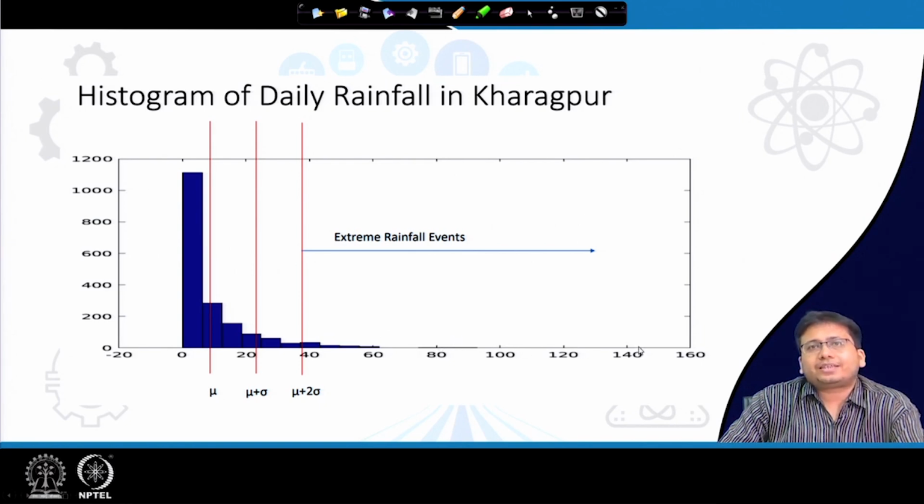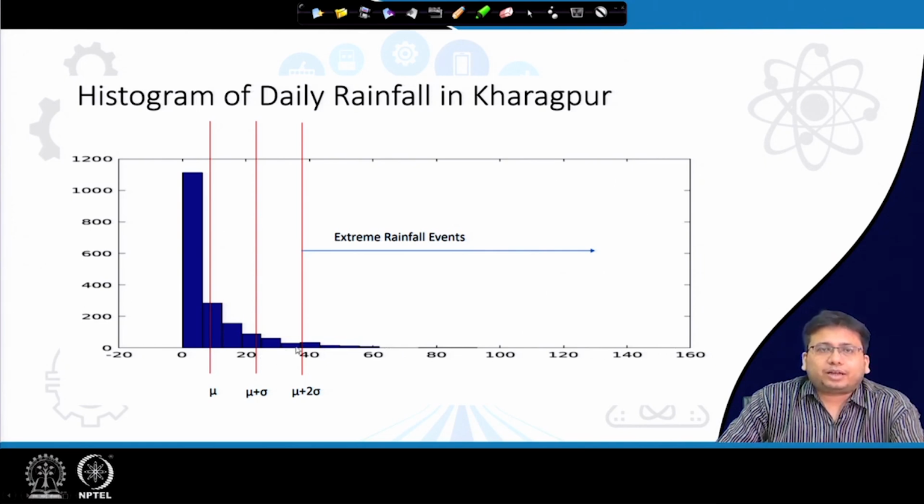That means there are various tail events which are very far away from where the bulk of the probability mass lies, but like values such as 154, they are very far away, but they still have some probability mass. So that is called the tail of the distribution.